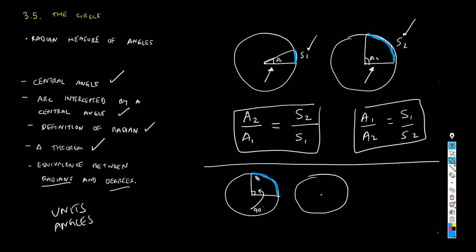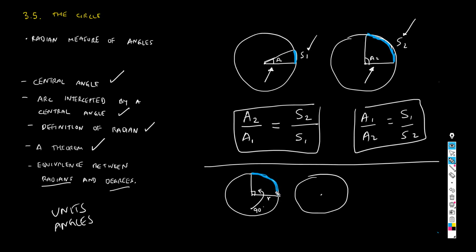Now, oh, by the way, I forgot something. Since this is the radius of the circle, I'm going to label this R. Okay, now let me go back to what I was doing.